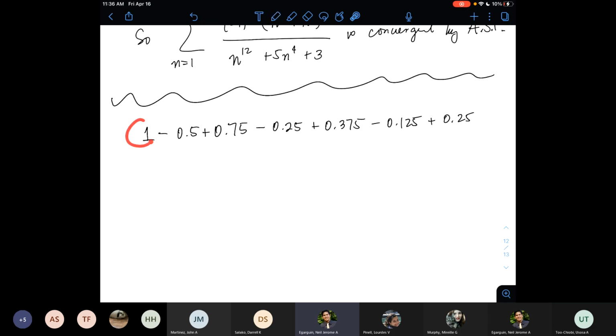So in this pattern, the terms will go to 0, right? Because essentially they will decrease, okay? But the thing is that it is not decreasing, because sometimes it will increase, sometimes it will decrease. So though the terms will approach 0, it is not eventually decreasing. In such cases, the alternating series test will not apply.